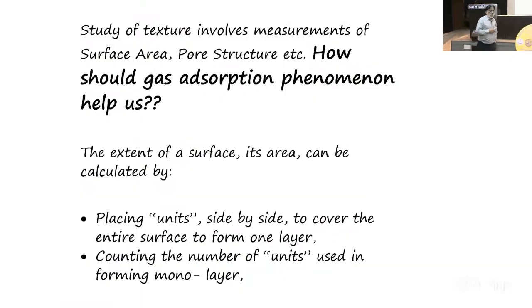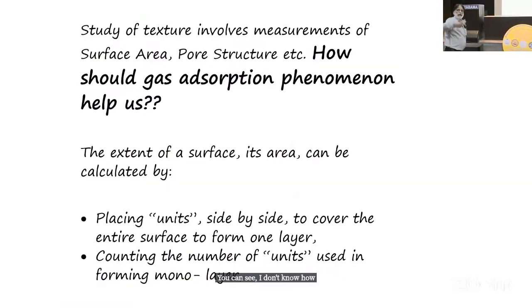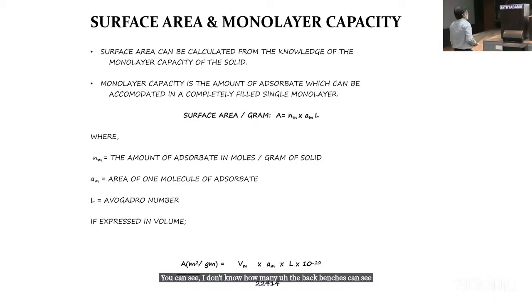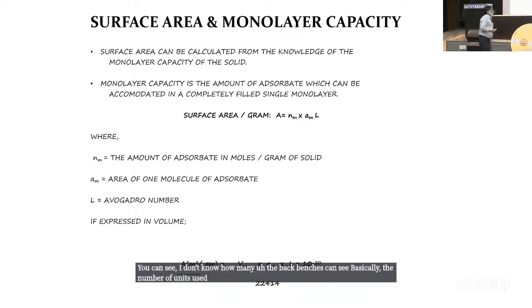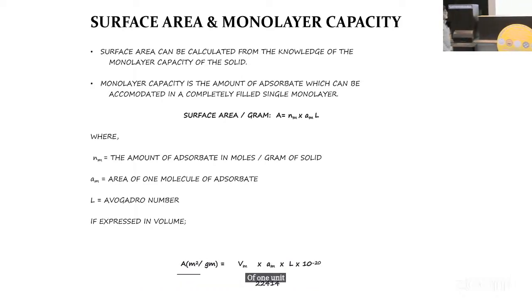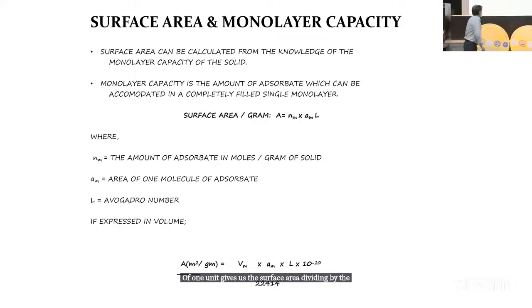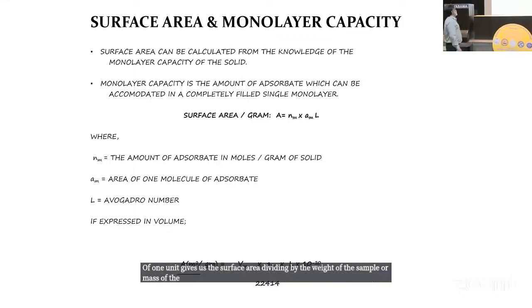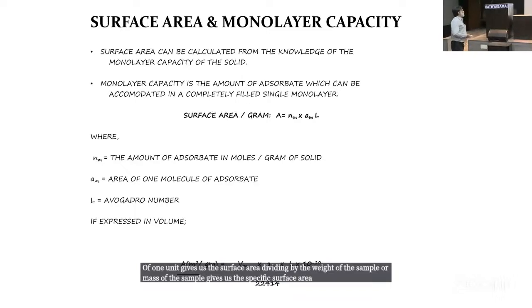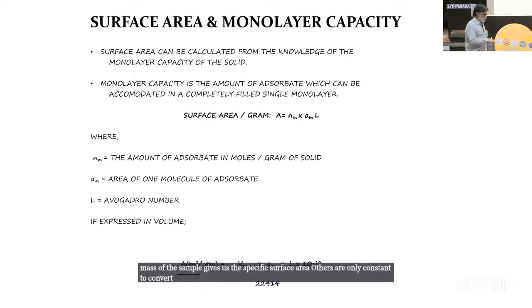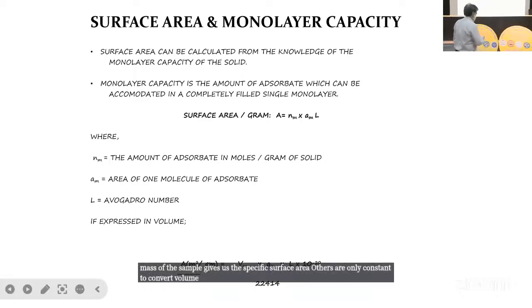The number of units used multiplied by the cross-section of one unit gives us the surface area; dividing by the mass of the sample gives us the specific surface area. The others are only constants to convert volume into numbers and those sort of things.